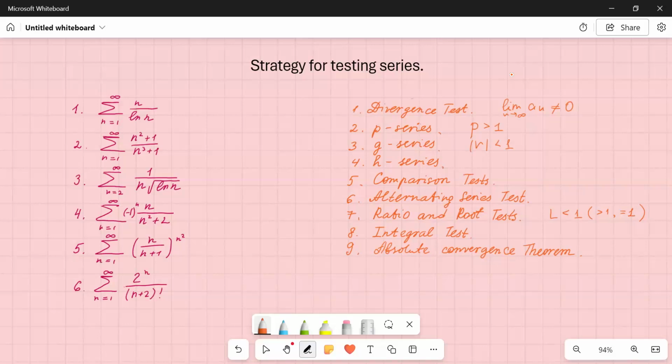We also have a special theorem about absolute convergence. Remember, if you have a series where you don't see alternation of signs, or the terms are changing a little bit sporadically, then you can use the absolute convergence theorem. It means you can take the minus out of your series and investigate absolute convergence.